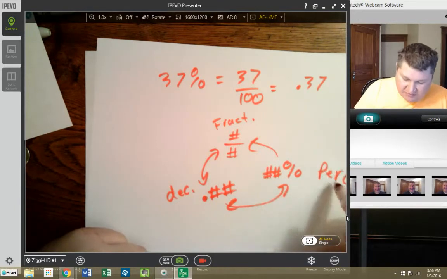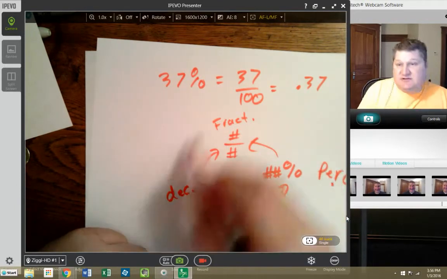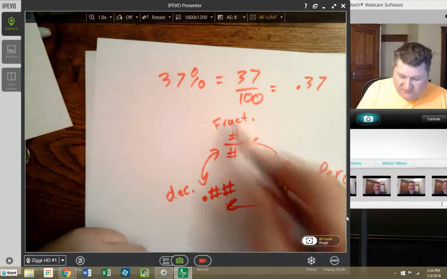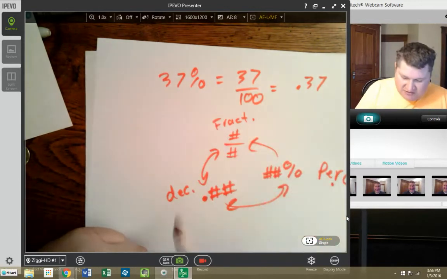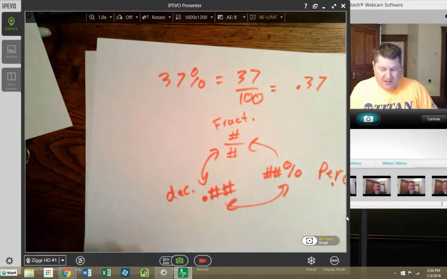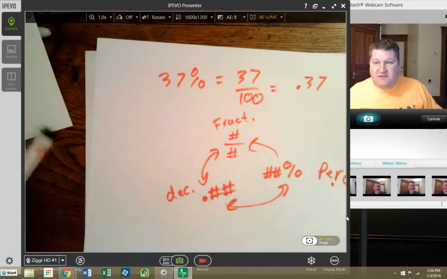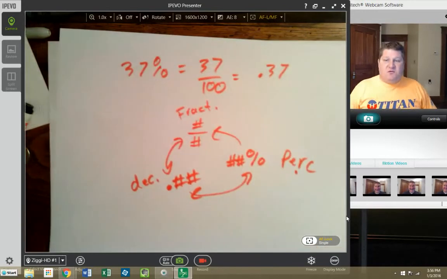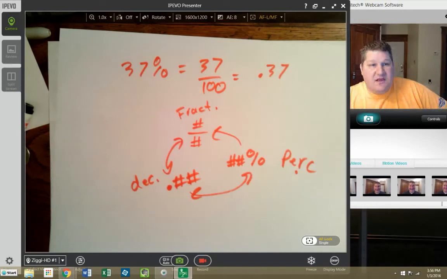Or I could take a percent and turn it into a decimal and turn it into a fraction, or a fraction to a percent to a decimal, or a decimal to a percent to a fraction, or a decimal to a fraction to a percent. I could go all the way around the circle no matter which way I want to go using fractions, decimals, and percents. All right, take a look at that.